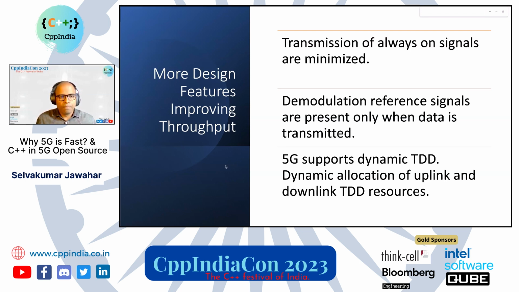Now, there are some other things which enable 5G to provide very high throughput. In 4G, you have a lot of always-on signals, because that's how the receiver, your mobile phone for example, can automatically connect to a 4G carrier and lock into a 4G signal.